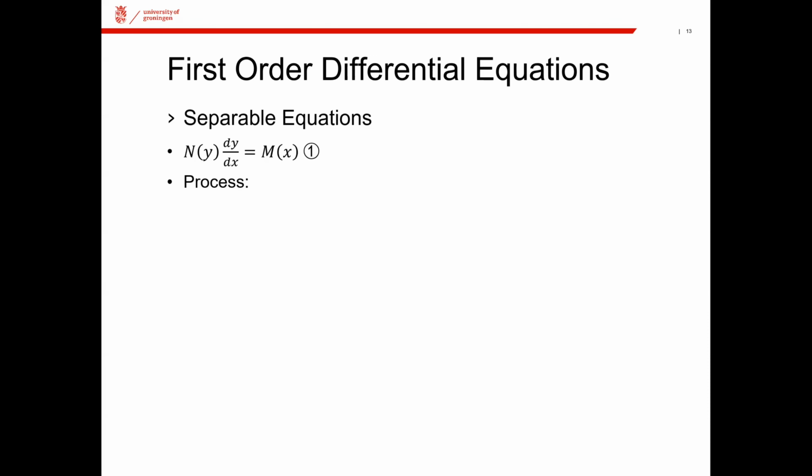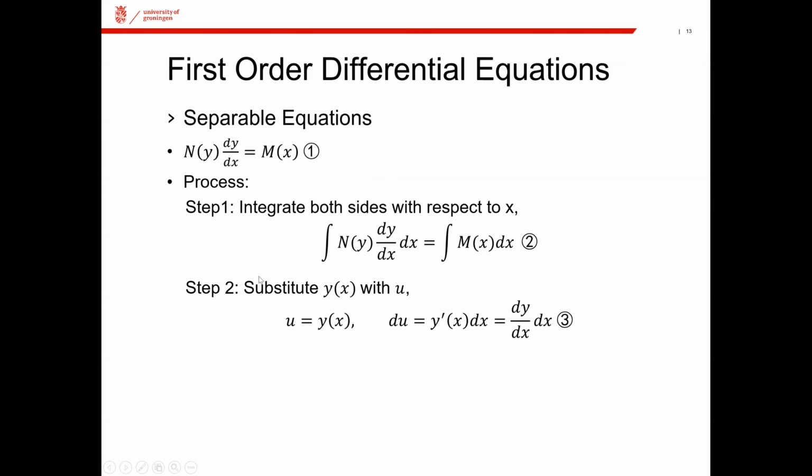And on the right side, M(x) is a function of x. So if an equation can be rewritten into this form, we can use this method to solve this type of differential equation.